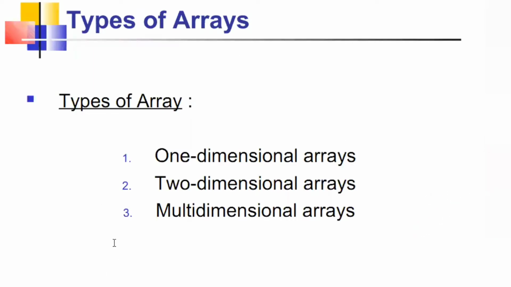For a two-dimensional array, it will look like a double bracket. This will be for number of rows, and this will be number of columns.